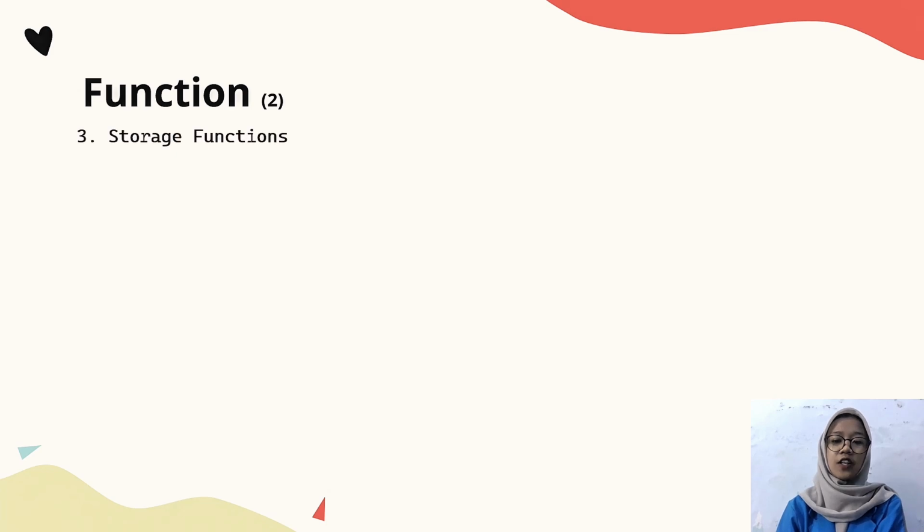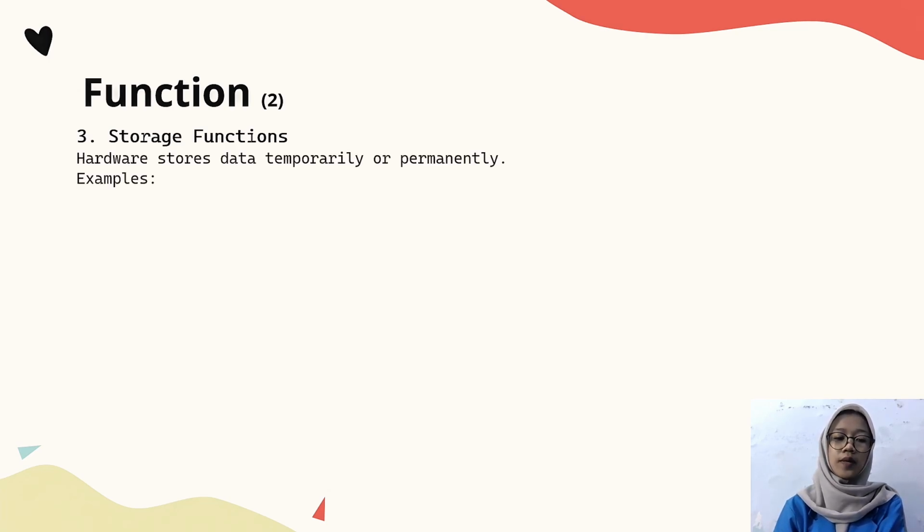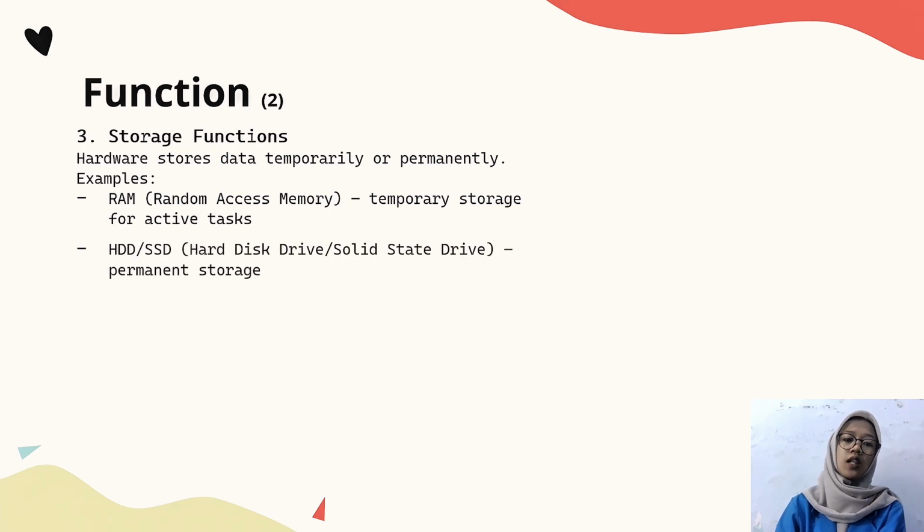And the third is storage functions. Hardware stores data temporarily or permanently. For example, RAM or random access memory, temporary storage for active tasks. You usually save the file documents in the storage, so the storage function is for saving the file documents.